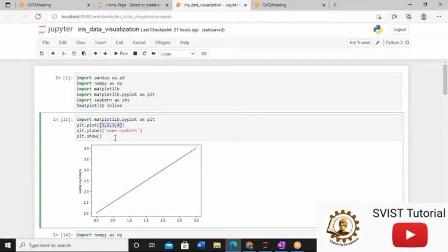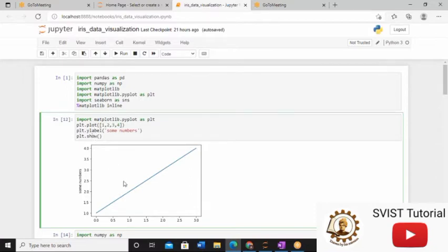I was explaining this in the previous class. Also I have used ylabel, which means along the Y axis some label will be written. And then I have used another function, show. So you have to remember this while plotting any graph. We create one alias of matplotlib.pyplot, and using this alias we have three specific functions: plot, ylabel and show.